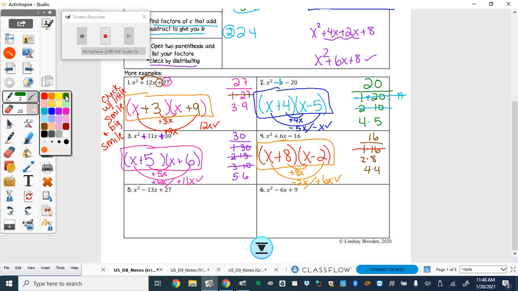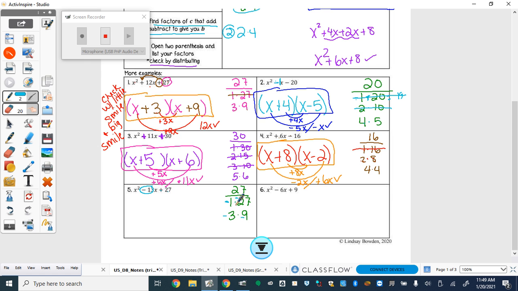Next one, again, factors of 27. That's 1 and 27, 3 and 9, so not very many choices here for 27, so that one's kind of a nice one. So we're looking for factors of 27 that add to negative 13. So the only way we're going to add to give us a negative number is both of these would have to be negative, because negative plus negative is negative.